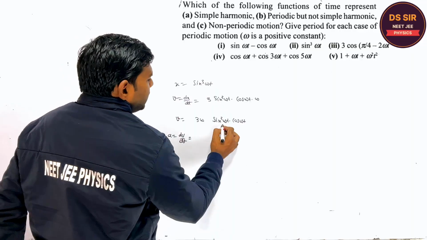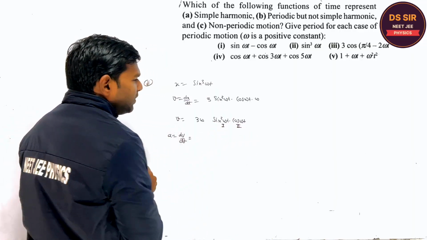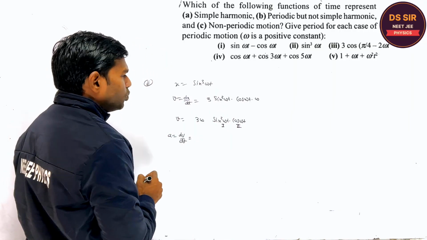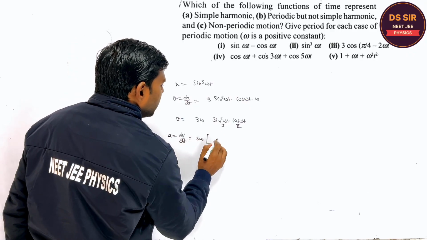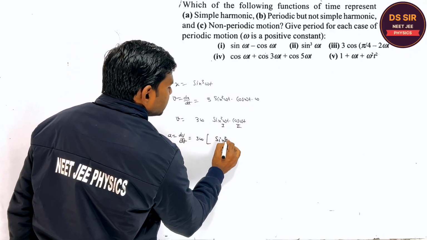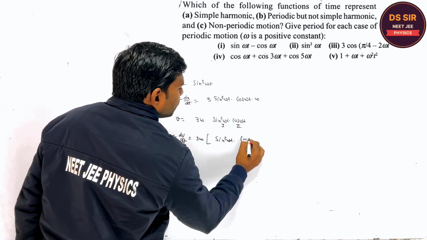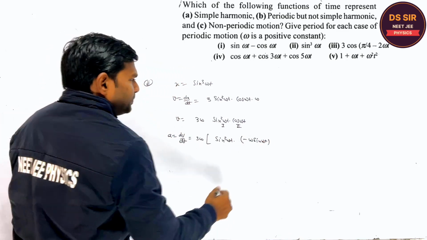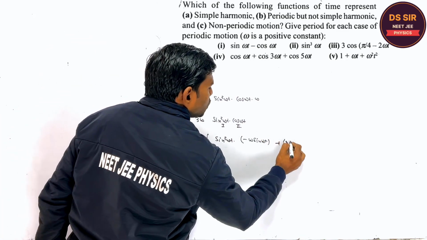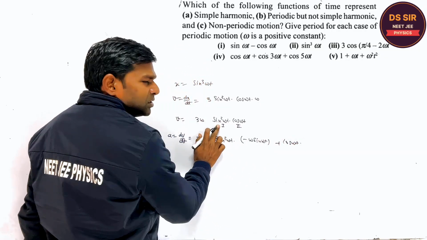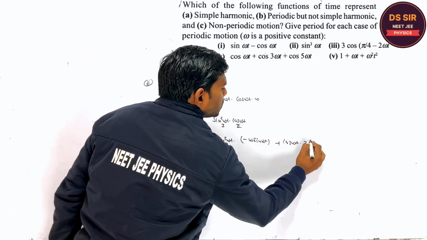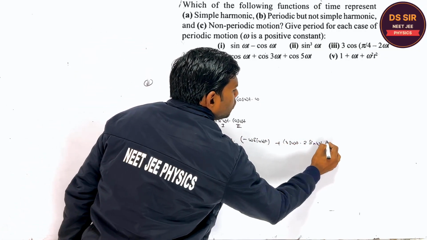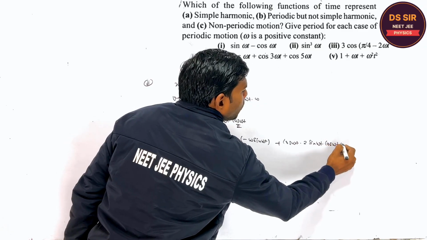Or listen, you have to assume the first and second function. This is 3 omega, first function as it is, the second function minus omega sin omega t, plus cos omega t, differentiation of the second, 2 sin omega t into cos omega t into omega.